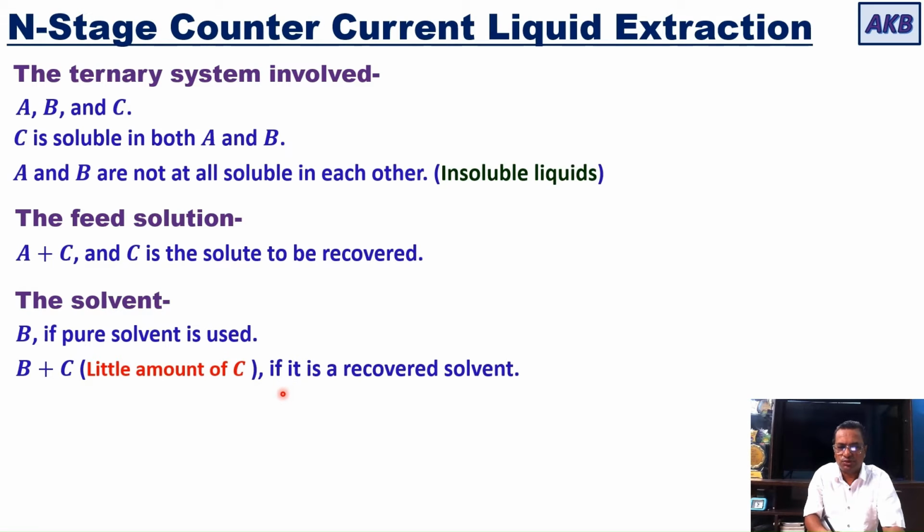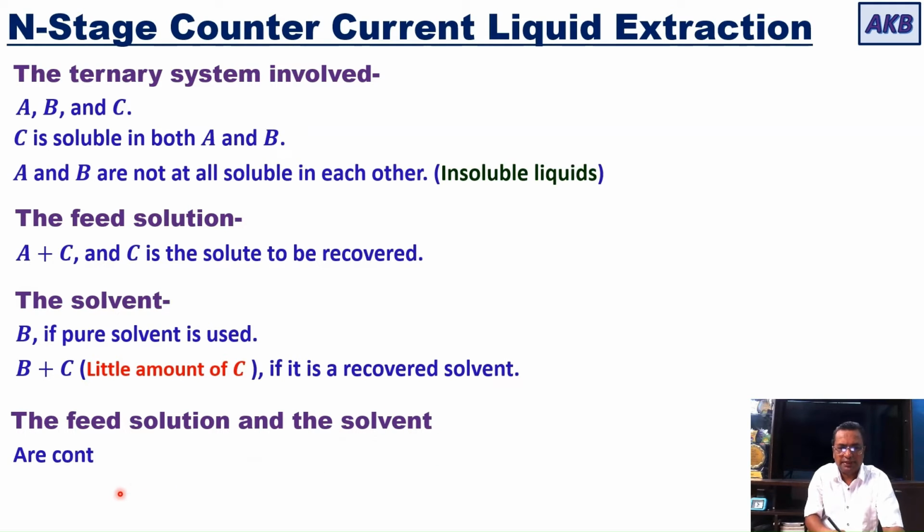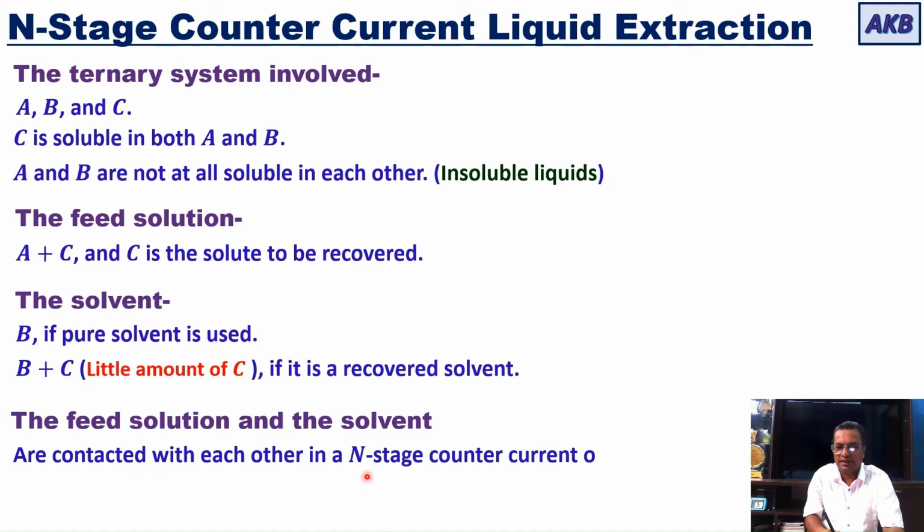This is true when you are using a recovered solvent. Then the feed solution and the solvent are contacted with each other in an N-stage countercurrent liquid extraction operation. The operation will be carried out in a continuous manner.